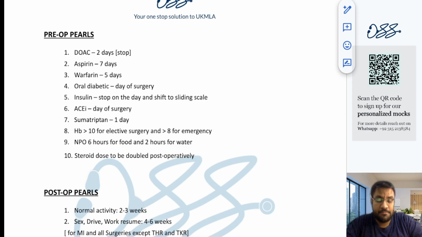After the I part you go to the R part, that is the referral part. A referral may or may not be needed. It really depends, and it varies from case to case. Sometimes in post-operative cases you may have to refer the patient to different specialities. I'll talk about it in a while. Then comes the M part, the medical management part.